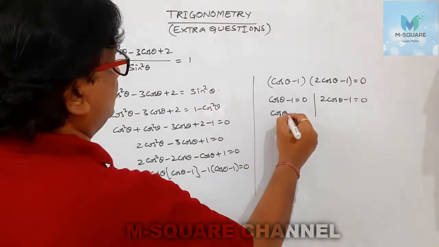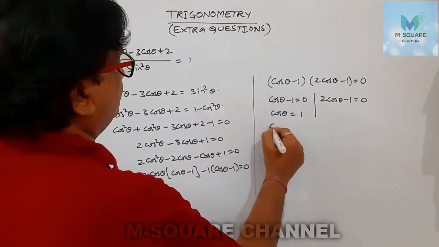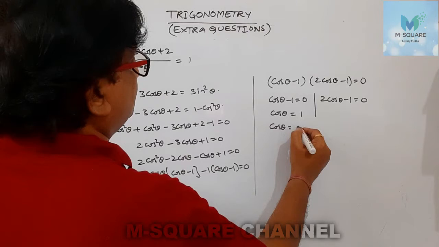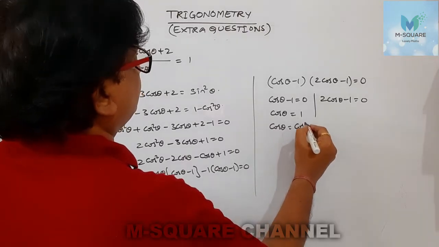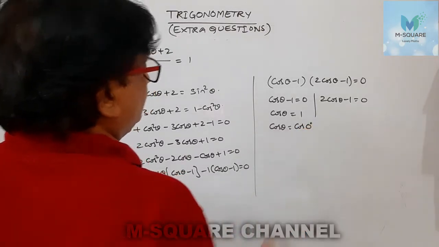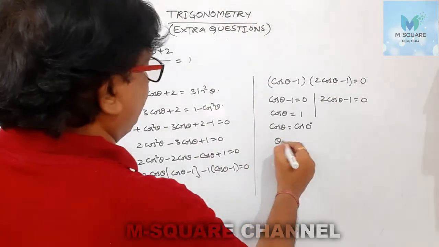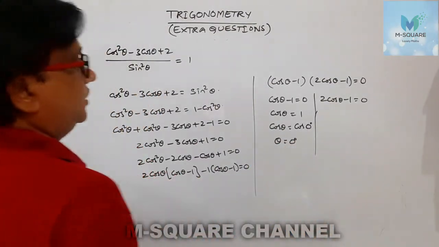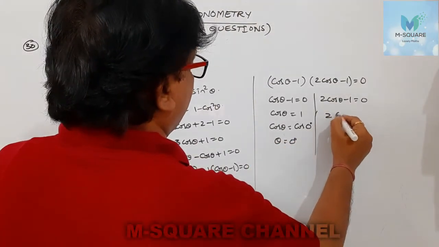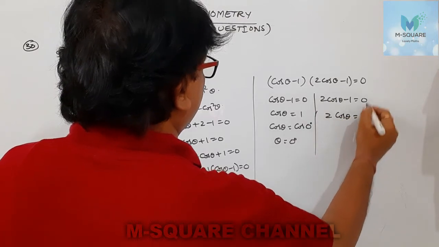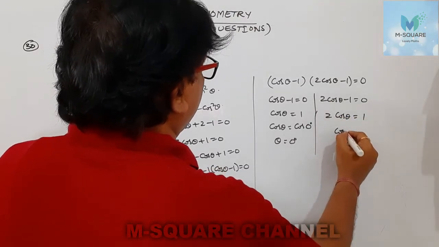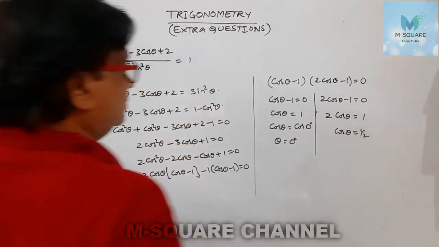So cos theta equal to 1, so cos theta equal to cos 0, sorry, cos 0 is 1. So theta value is 0 degrees. Here 2 cos theta equal to 1, cos theta equal to half.